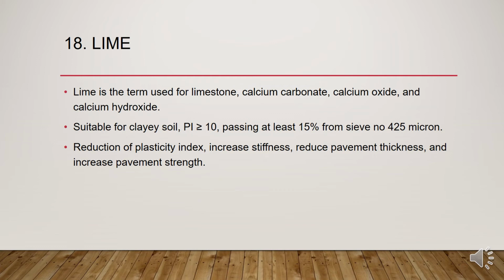Lime stabilization is very suitable for clay and clay material, which has a PI greater than or equal to 10% and passing at least 15% from sieve number 425 microns. Lime stabilization reduces the plasticity index, increases stiffness, reduces pavement thickness, and increases pavement strength.